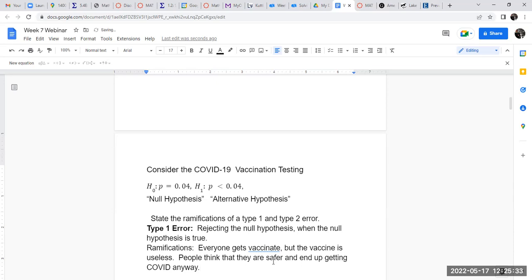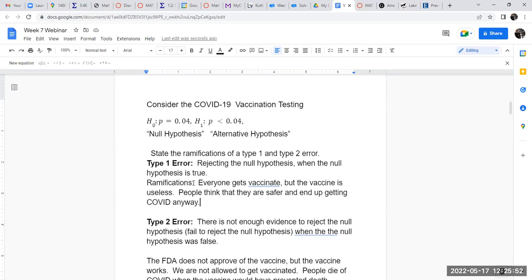Not everyone gets COVID, but the vaccine didn't do anything. Is that a good thing, by the way? No, errors are always bad. Just let you know that. That's why it's an error. Okay, this is pretty bad, isn't it?